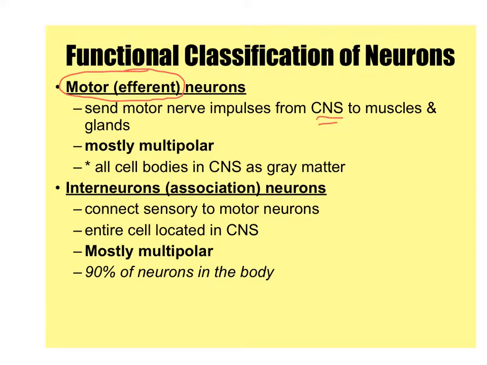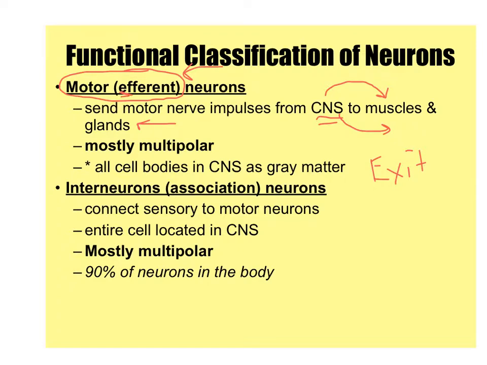So these motor nerve impulses go this time from the central nervous system, and then it's going to innervate or connect with a muscle or a gland to produce some sort of desired response. Now, the way I remember this is motor neurons exit. They leave the central nervous system. Exit and efferent both start with an E. And that's how I remember it.